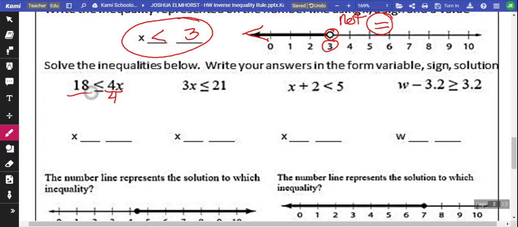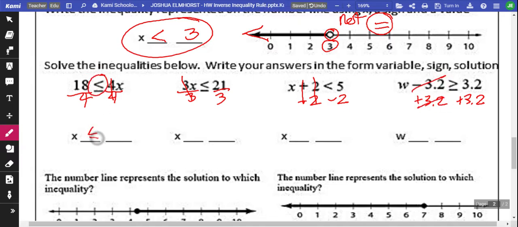So divide by 4, divide by 4, divide by 3, divide by 3, minus 2, minus 2, plus 3.2, plus 3.2. Less than or equal to, less than or equal to, less than, greater than or equal to.